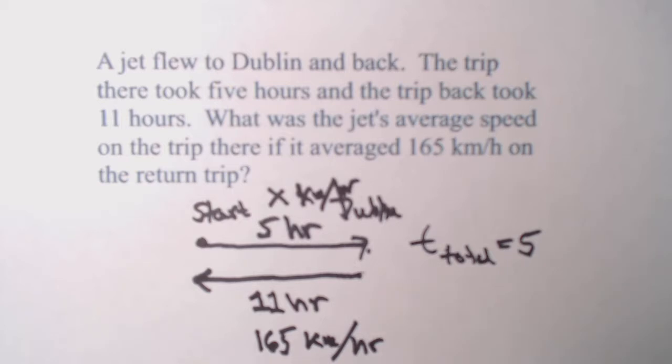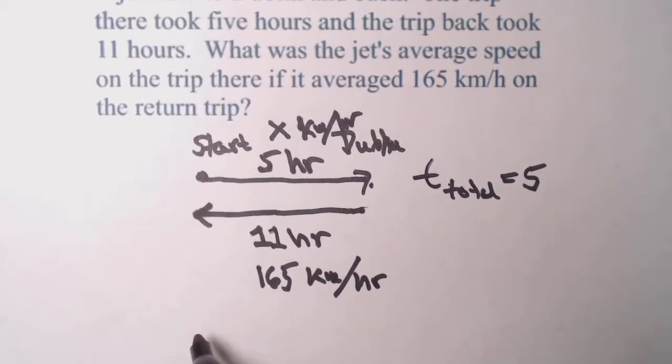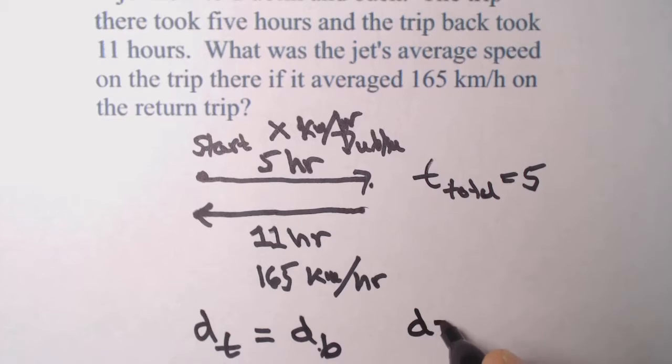So I do know the following that I can start with. I know that the distance to Dublin equals the distance coming back from Dublin. Now we know that for sure. You find the same distance both ways. Well, once again, D equals RT.